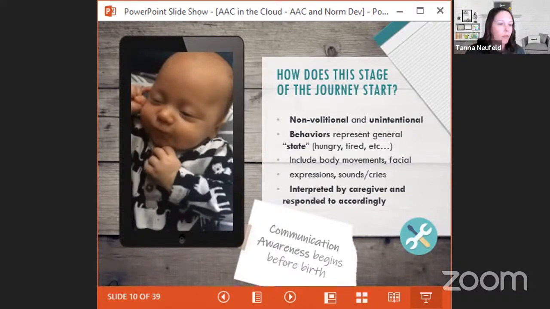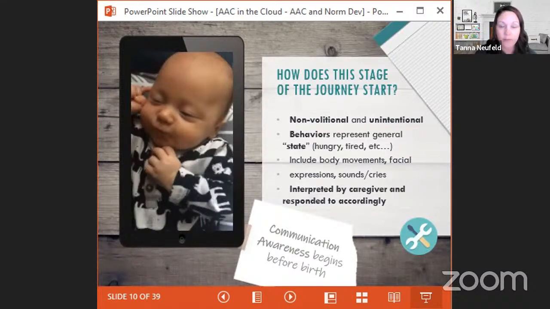So thinking about this stage, we want to remember that all of what this baby is doing is non-volitional. It's reflexive, right? And it's unintentional. The behaviors that we see at this stage are not under the baby's control, and they're more related to internal states like hunger, thirst, being tired, etc. Some of the types of behaviors we'll see here are going to be body movements, vocalizations.